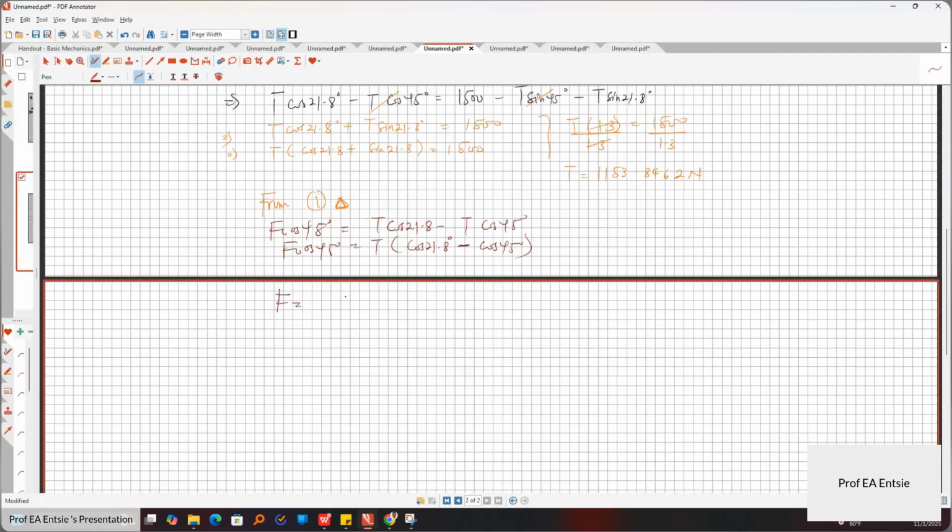So F will equal T, which we got as 1153.8462, into bracket cos 21.8 degrees minus cos 45, all divided by cos 45, to cancel this.